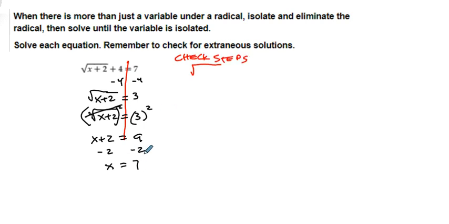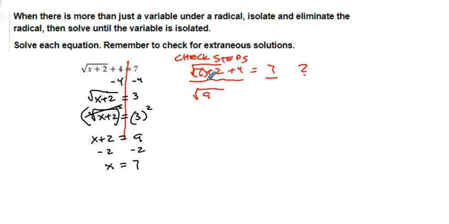So I'm going to put this 7 in the radical here. So 7 plus 2, I substituted that in for x, and then you just write the rest of the equation, and we're going to see if this side equals that side. That's the question. Well, this becomes the square root of 9 because 7 plus 2 is 9.